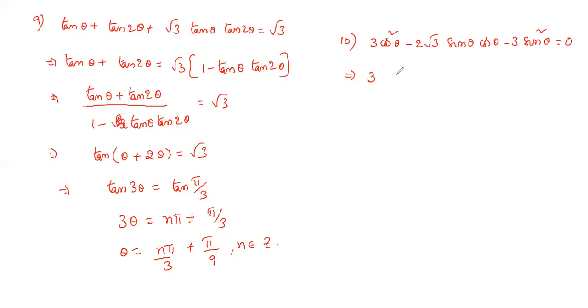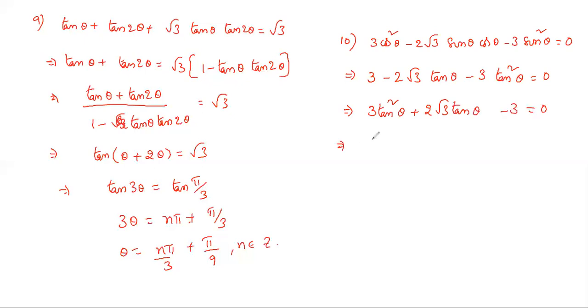So 3 minus 2 root 3 tan theta minus 3 tan square theta, by dividing with cos square theta, we get it. So by taking minus common, 3 tan square theta plus 2 root 3 tan theta minus 3 equals 0.